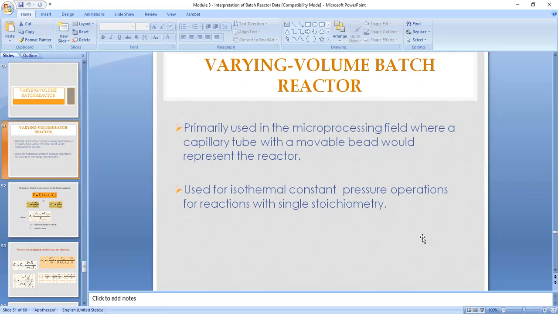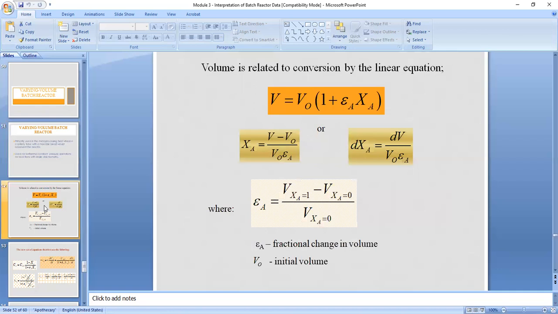Okay. Now let's look into the major difference between the integral analysis for constant volume and varying volume batch reactors. You will see it here on the next slide. Since volume is varying, we need an equation that will allow us to determine how the volume behaves over time, or as the reaction proceeds.